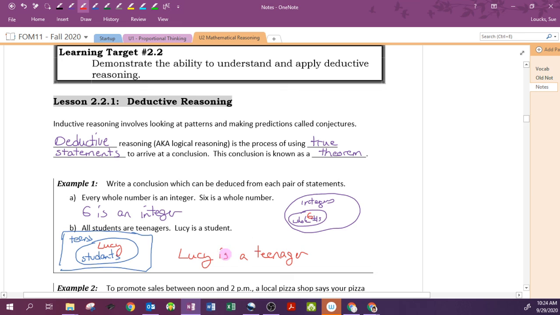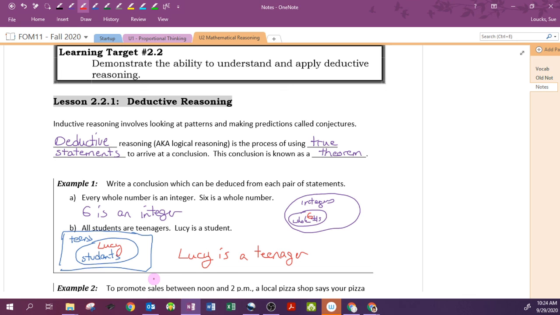Yes, I know what you're going to say, and I'm going to say it. There's a flaw in this argument in that not all students are teenagers. My brother would be a teenager under that, and he's 10. I'm a student as well because I'm going to school myself.